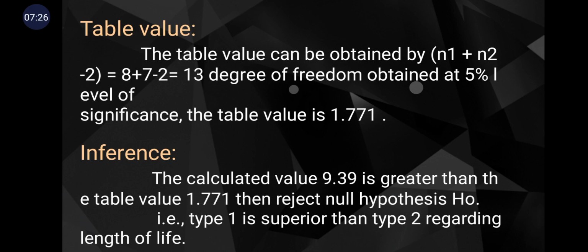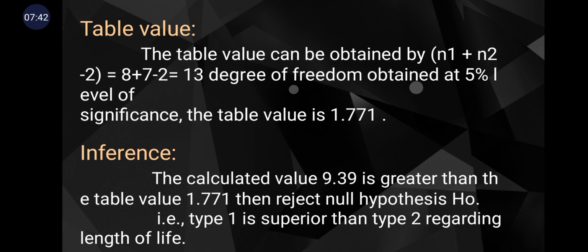After that I look at the table value: 1.771, for the degrees of freedom at the 5% level of significance.